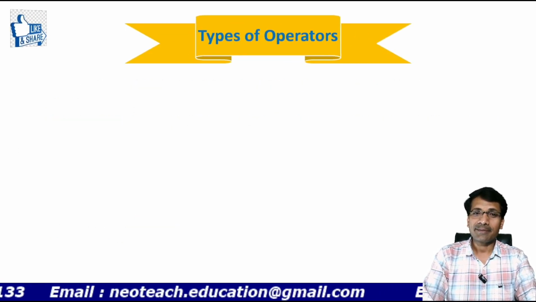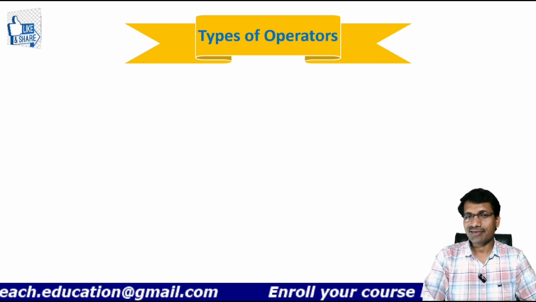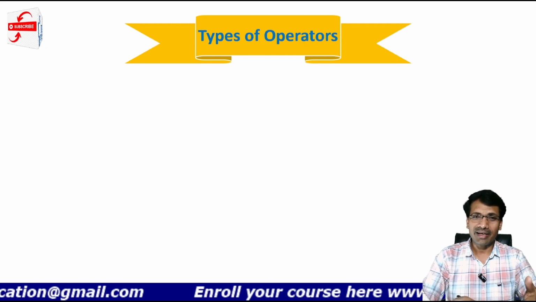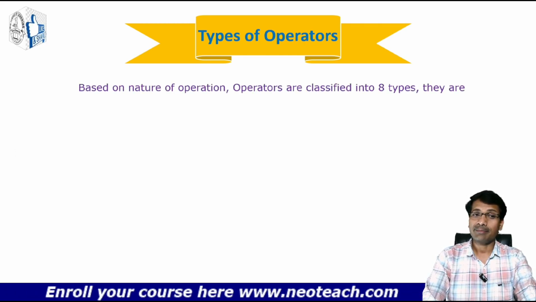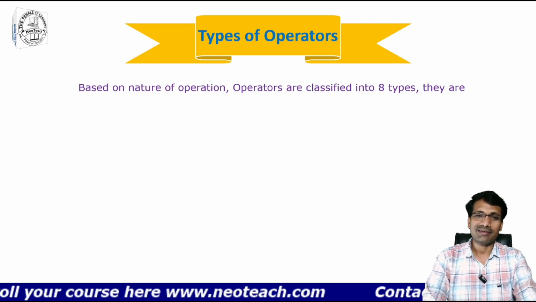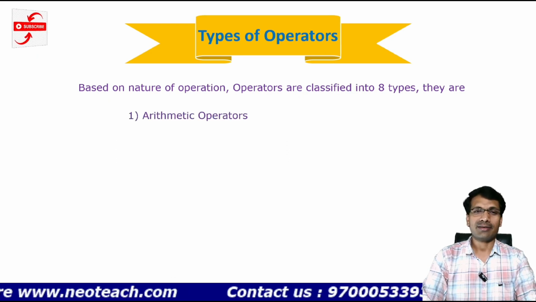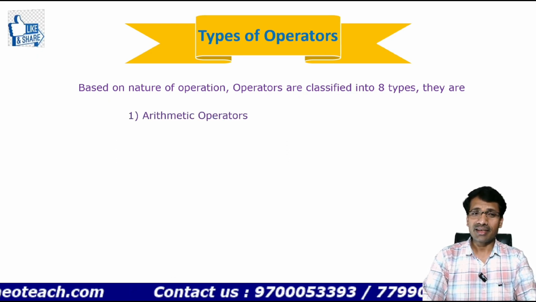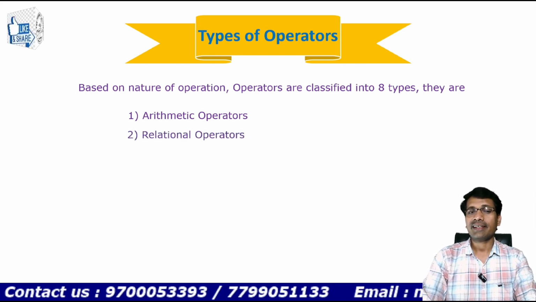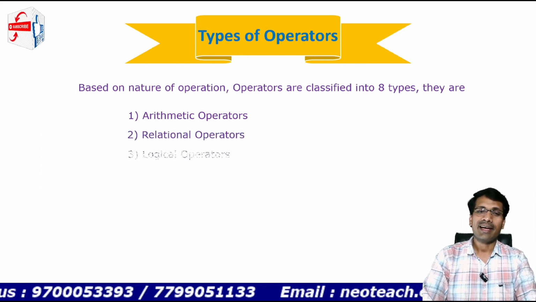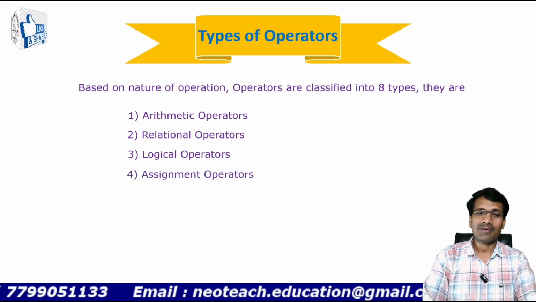And next, types of operators. Those were the categorizations of operators: unary, binary, ternary. Now for types, based on the nature of operation, operators are classified into 8 types. Let me list them out. First one is arithmetic operators. Second is relational operators. Next are logical operators and assignment operators.